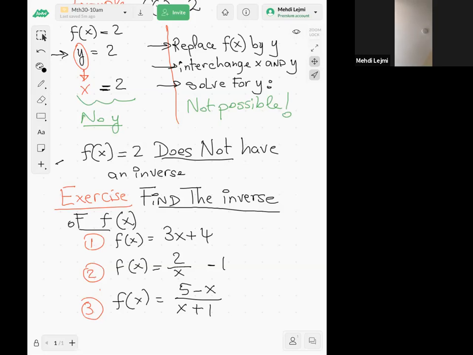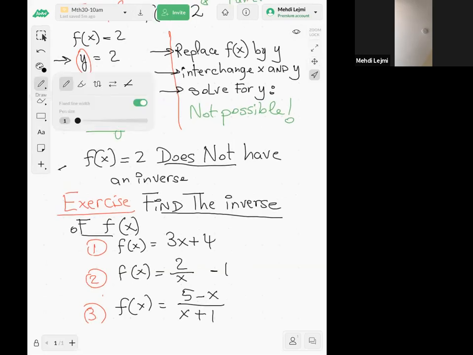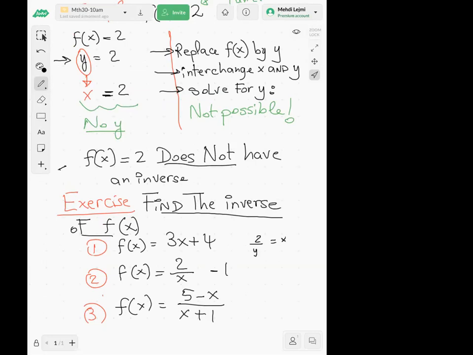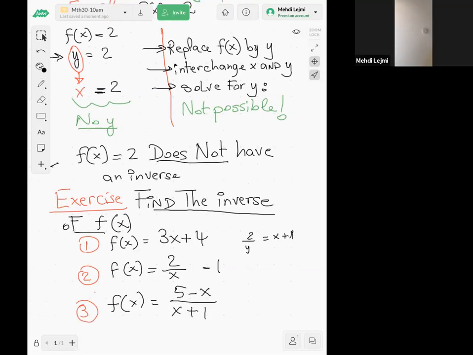Yeah, the way to do it, because it's a fraction, is we can flip both sides. So at some point we have 2 over y, and then x plus 1, right?